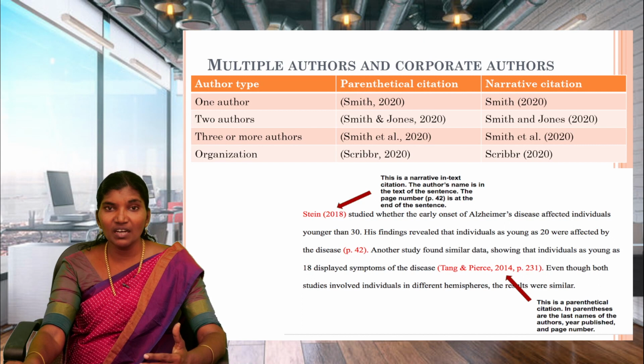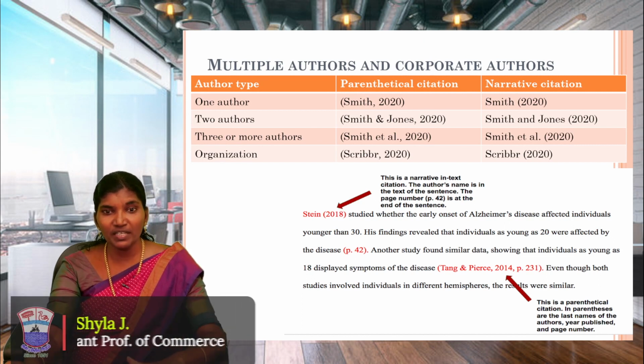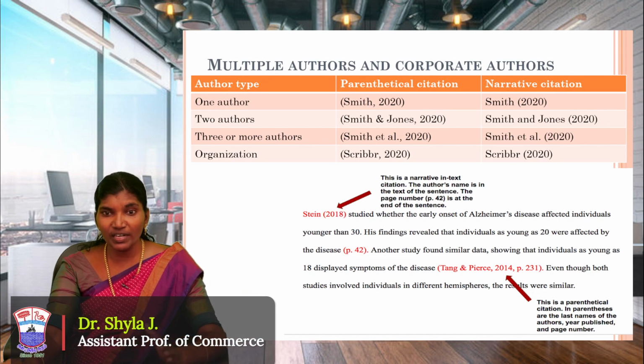If the information is contributed by two authors, the two authors' names should be included within the parenthesis. And if it is a narrative citation, only the year of publication is placed within the parenthesis.